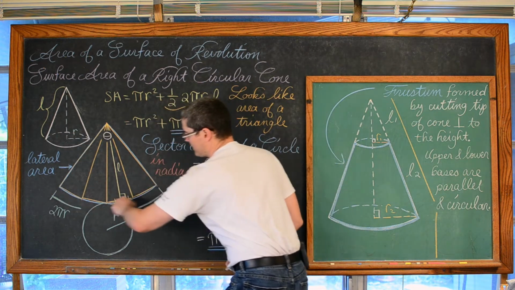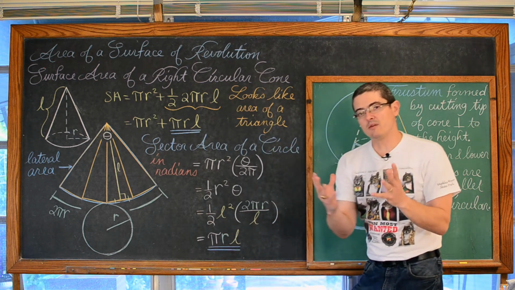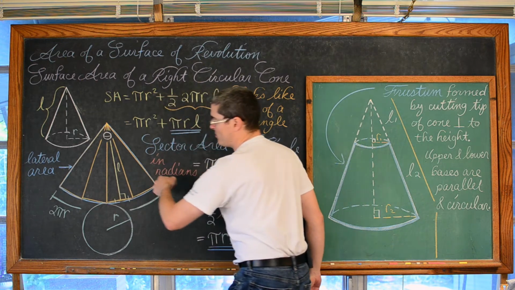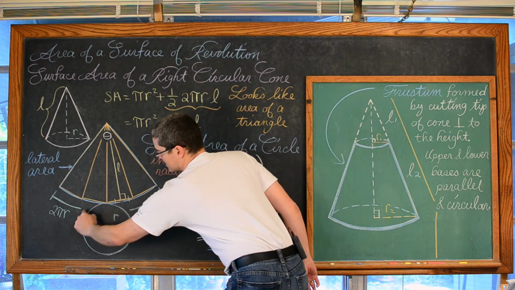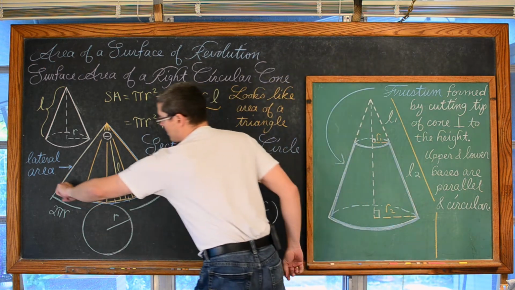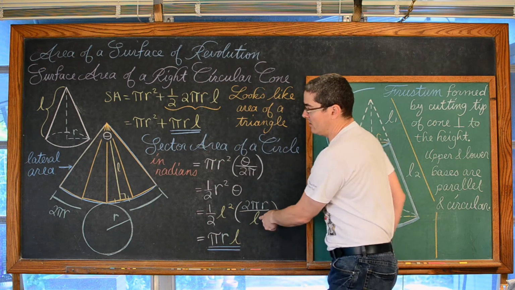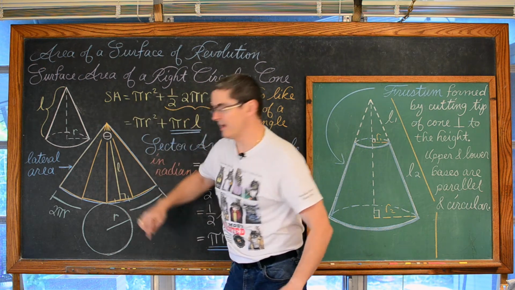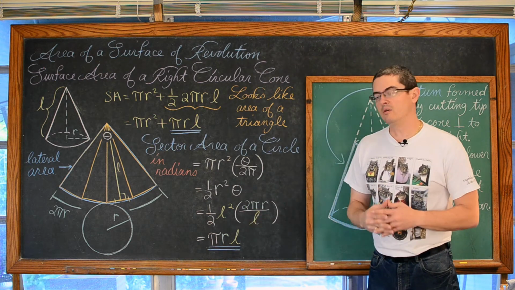Well, 2 pi r is a complete circumference of a circle, and I'm looking at this arc and I'm going, well, the length of this arc is 2 pi r, which is not, of course, all the way around this circle, but it is the entire distance around the circular base. So we are looking at arc length, 2 pi r, over L. Well, the arc length of the circle divided by the length of the radius.